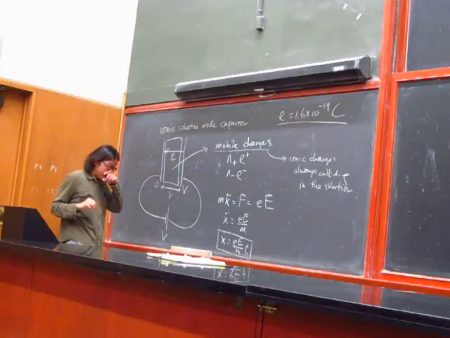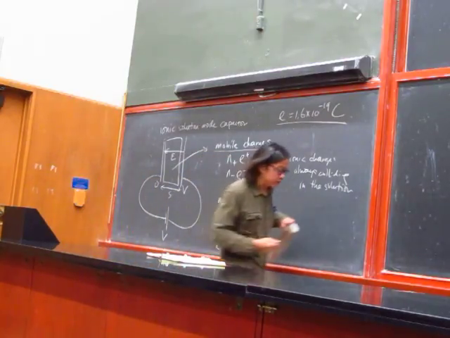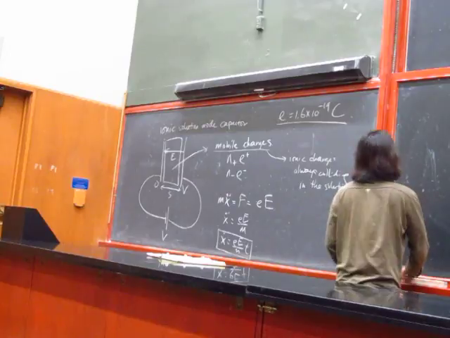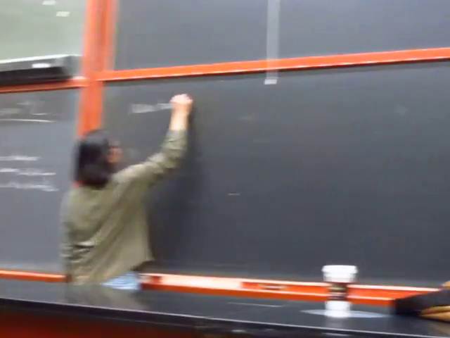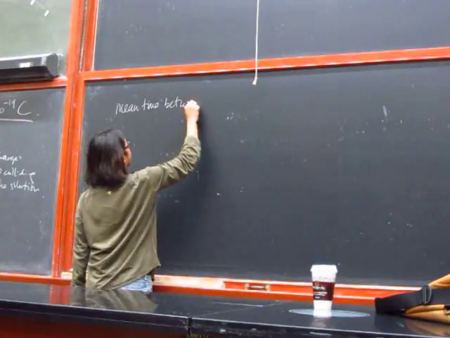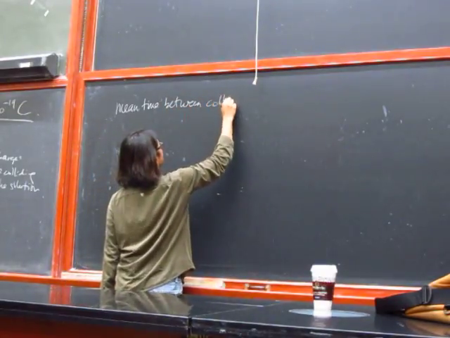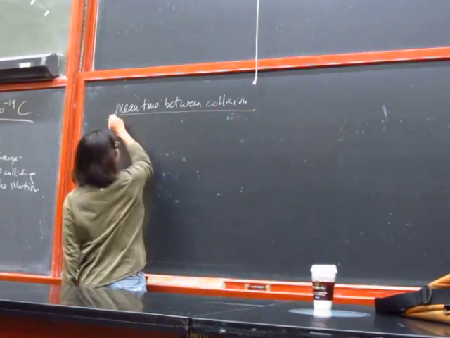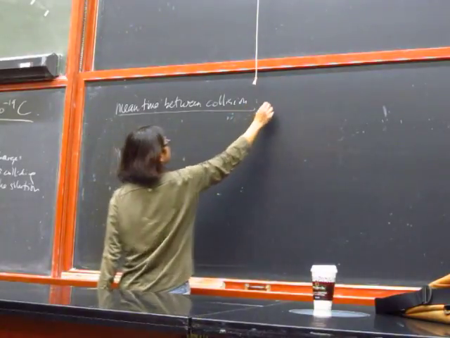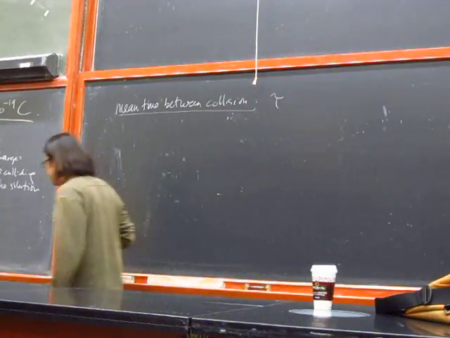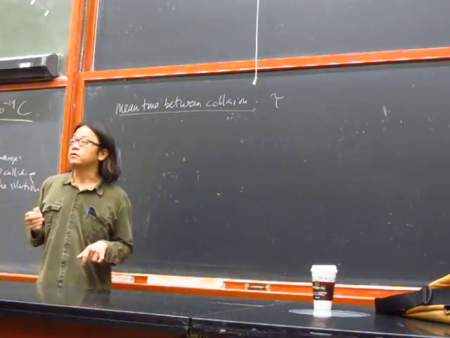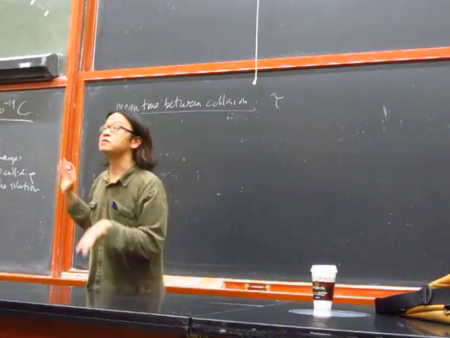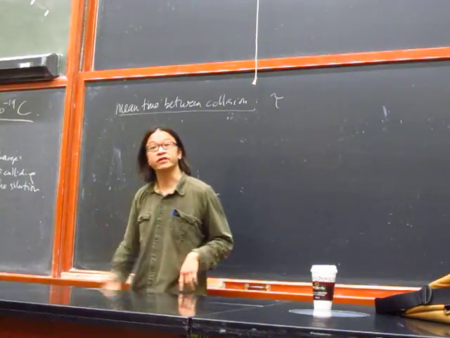And the mean time between collisions, call it tau. So after some tau time, the molecule undergoes collision. It loses memory of its previous acceleration.